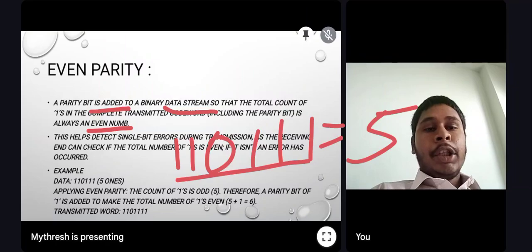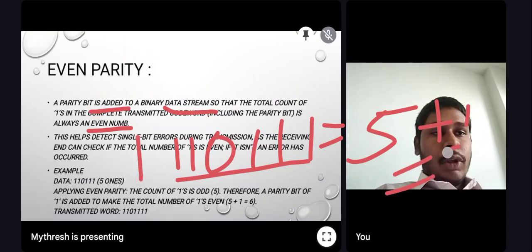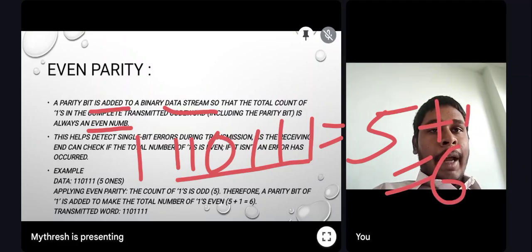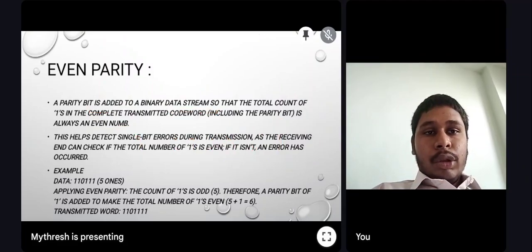We have to add an extra bit. The extra bit should be 0 or 1 as it is a binary system. So we have to add 1 to get 4 ones. So after we add 1, the transmitted word we will get is this.